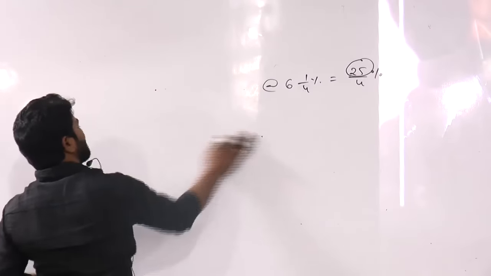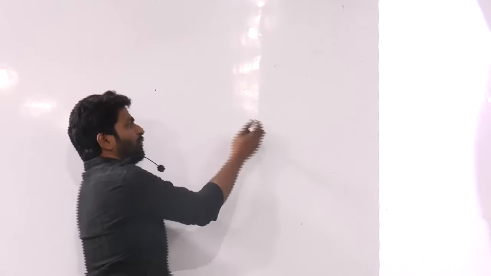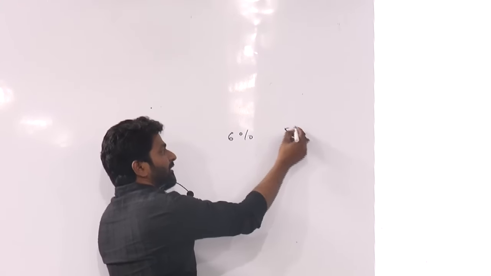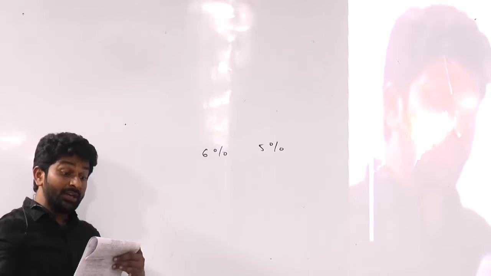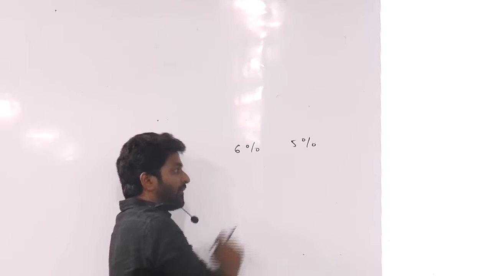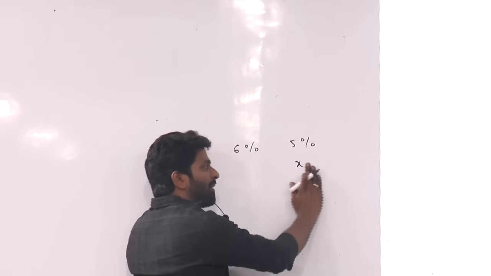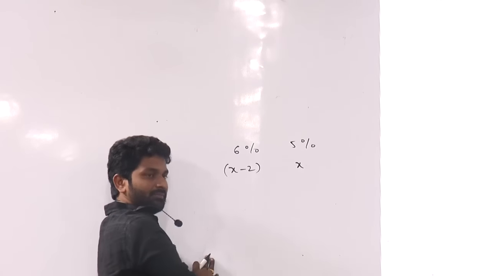Right. So one fellow has given it for 6%, the other one at 5%. He received the amount 2 years earlier than the other one, right? So if this guy takes x years to receive some amount, this fellow will take x minus 2 years only.